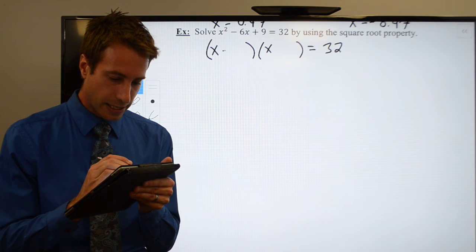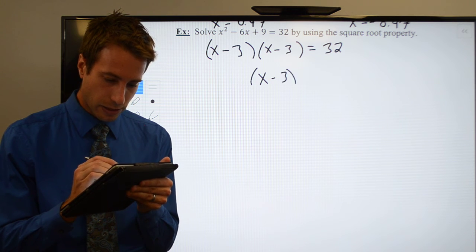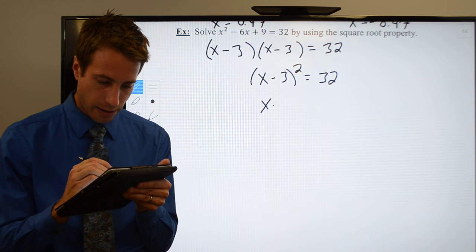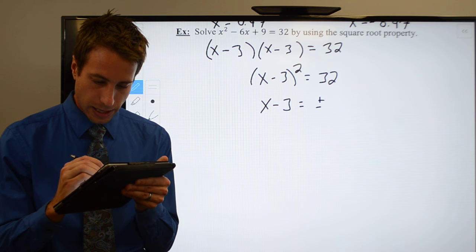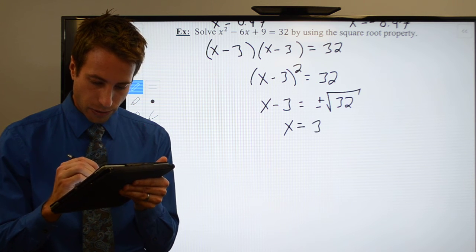Let's see. I'm going to need a minus 3. No, minus 3. X minus 3 squared. 32 is definitely not a perfect square. Plus or minus square root of 32. Add the 3.